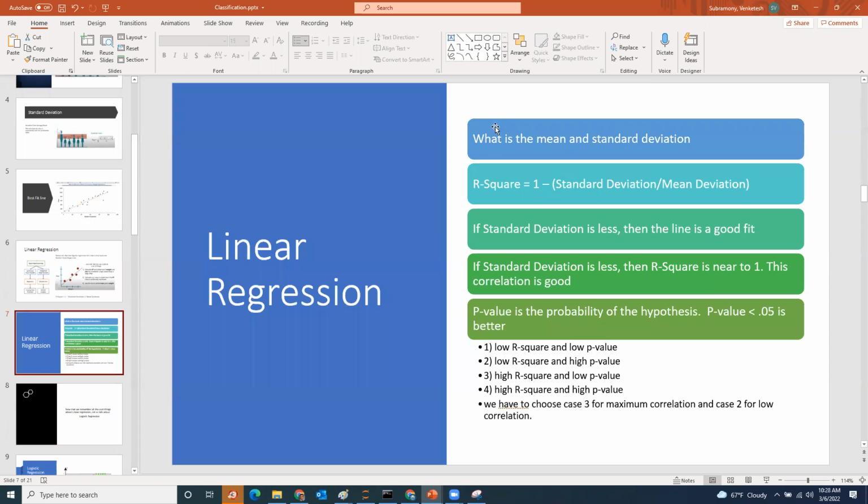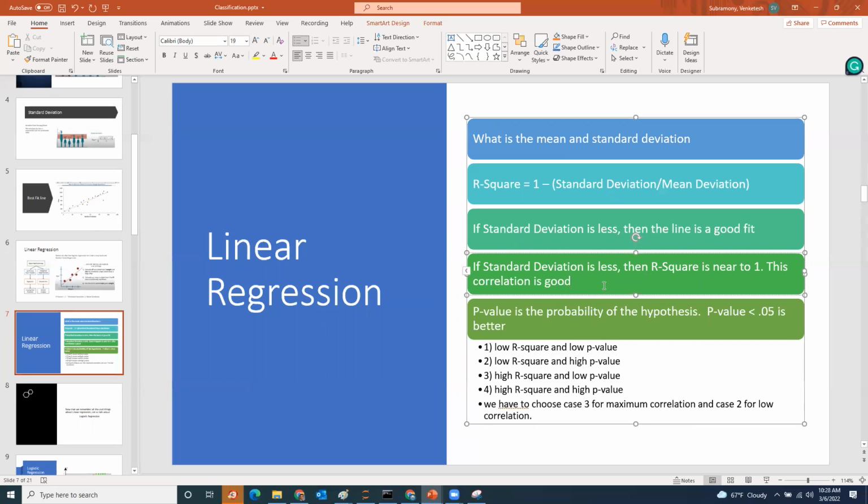Okay. We already covered mean and standard deviation. R squared is calculated by 1 minus the standard deviation divided by the mean deviation. That's the formula. If the standard deviation is less, then the line is a good fit.